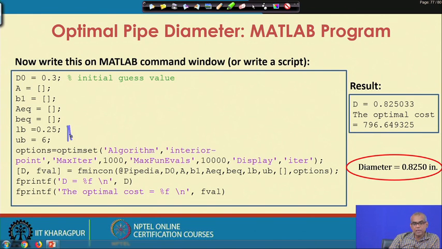So, we do not have any linear inequality or linear equality constraint. We have an upper bound and lower bound on the decision variable x.